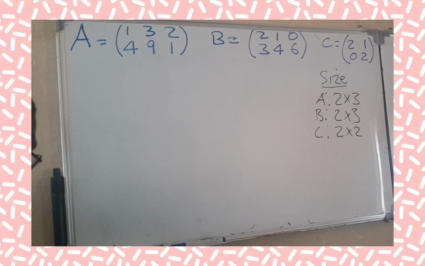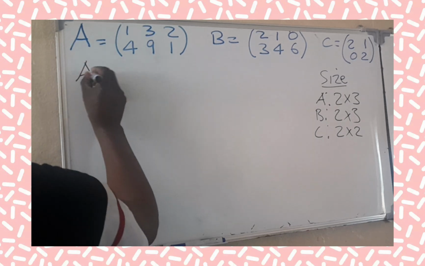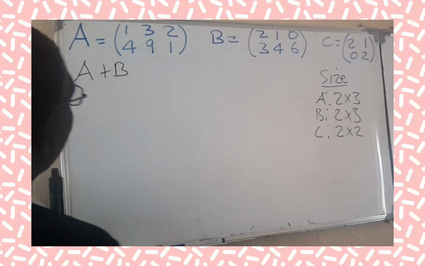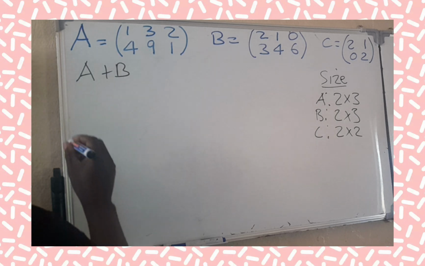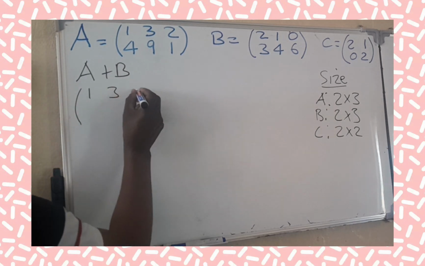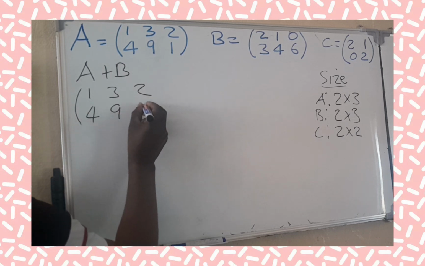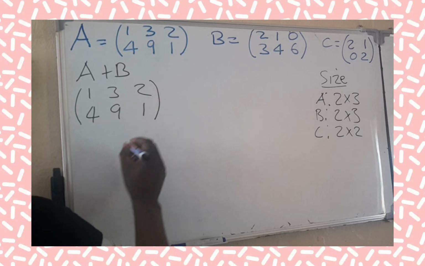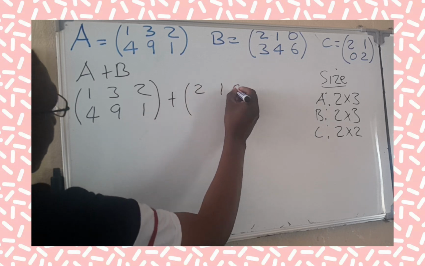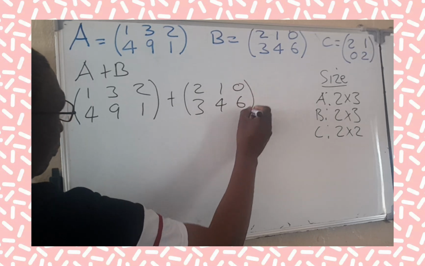Now, let's add A to B. We want to add matrix A to matrix B. So we will write here our A: 1, 3, 2, and 4, 9, 1. And our B, of course, is 2, 1, 0, 3, 4, 6.